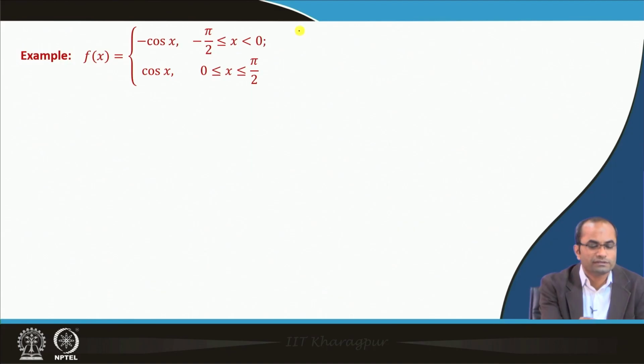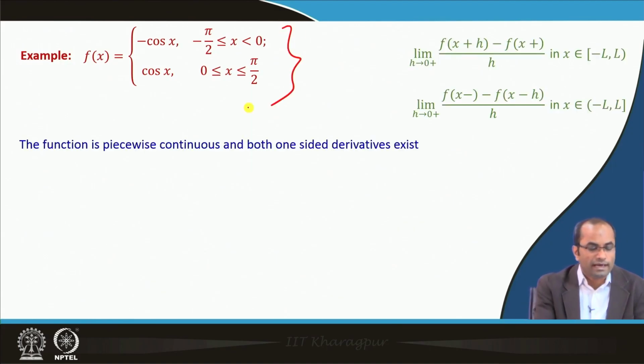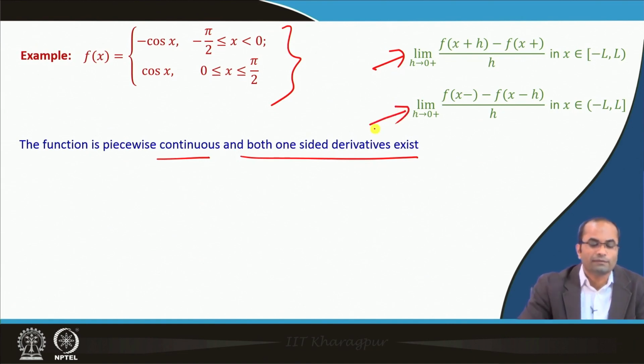Just an example to apply this theorem: we have this example which was discussed at the beginning of this lecture, and the function is piecewise continuous because both one sided derivatives exist. This we can evaluate, and this also we can evaluate, and both of them exist in this case.